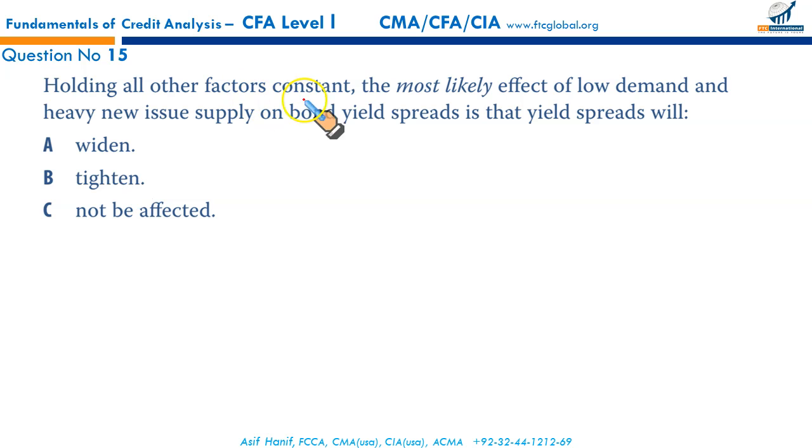Holding all other factors constant, the most likely effect of low demand and heavy new issue supply on bond yield spreads is that yield spreads will, first of all, when there is low demand, mean wider yield spread.